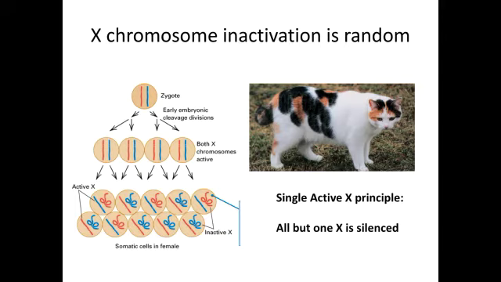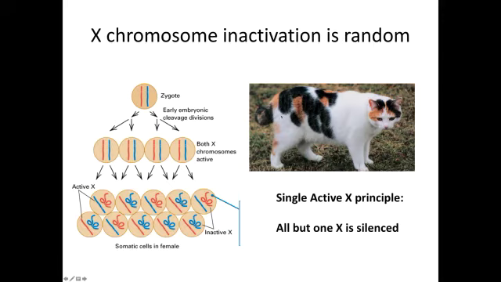And the reason that they have a calico pattern is that these black patches and these red patches, those are patches of gene expression that cause pigmentation. In this particular case, one of the X chromosomes expresses black pigment, right? And the other X chromosome expresses this sort of reddish pigment.